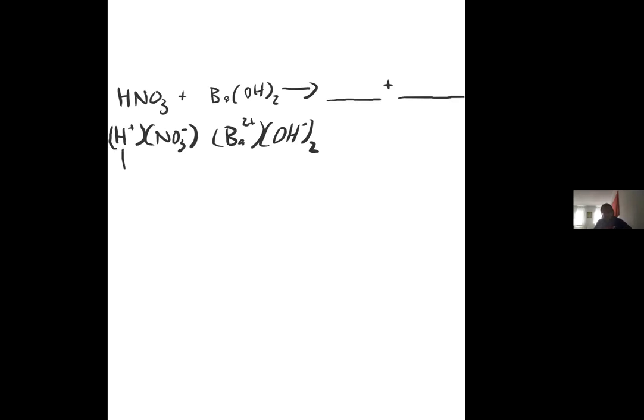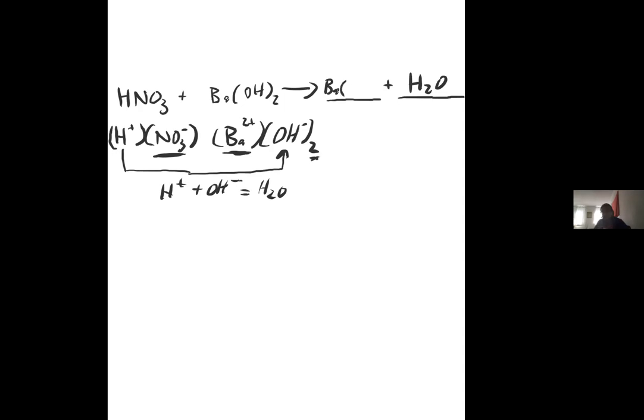You take the H plus, combine it with one of the OH minuses, and you get water. So H plus plus OH minus equals water. Don't worry that there's two, we'll deal with that separately. Then you take your barium, which is +2, and combine it with your nitrate, that's your salt.